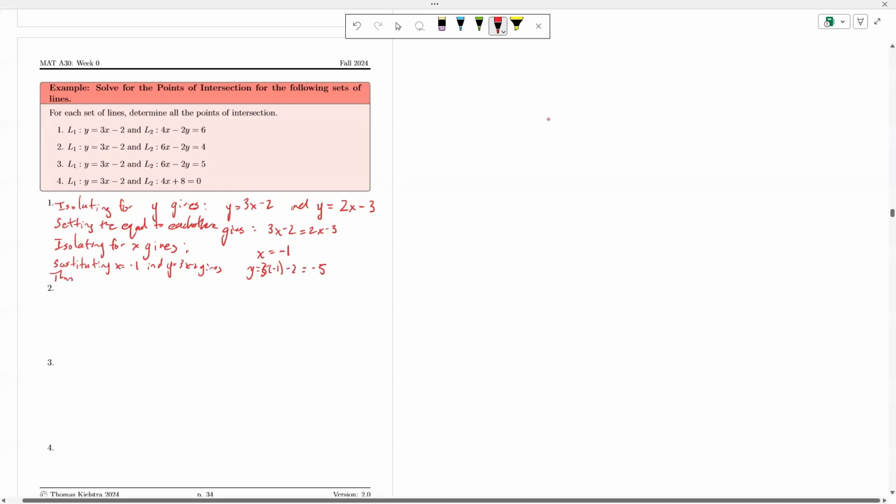Thus, the lines cross at (minus 1, minus 5).